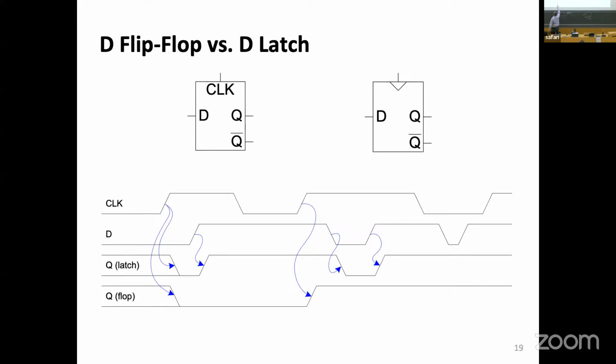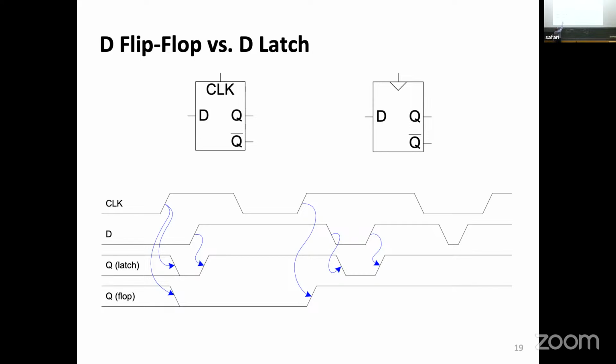Okay, so how do they work? What's the difference? This is the clock signal. The clock is going to both of them. This is the input that is going to both of them. Notice that it changes here in the middle, then stays, then changes here in the middle, then dips once again. Now, for the latch, we have 2 modes of operation.